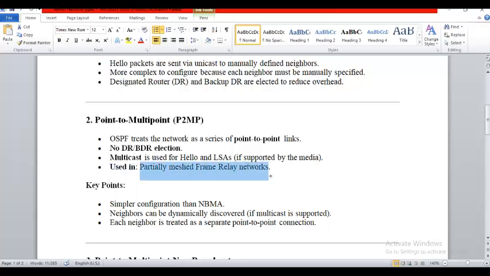The configuration is simpler than the first one. Neighbors can be dynamically discovered because multicast is supported. Each neighbor is treated as a separate point-to-point connection, though they're all in the same subnet. They are considered separate according to OSPF, not routing logic.